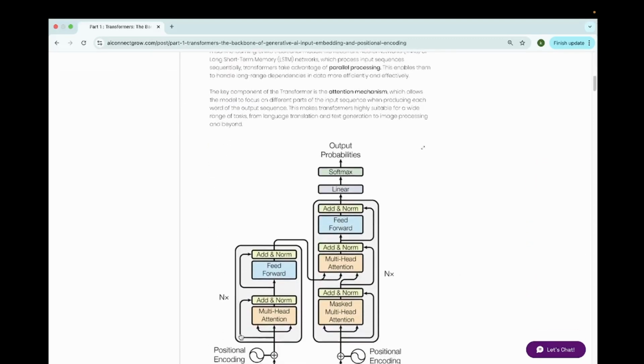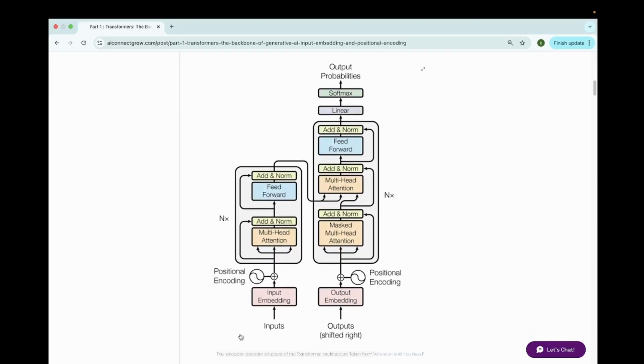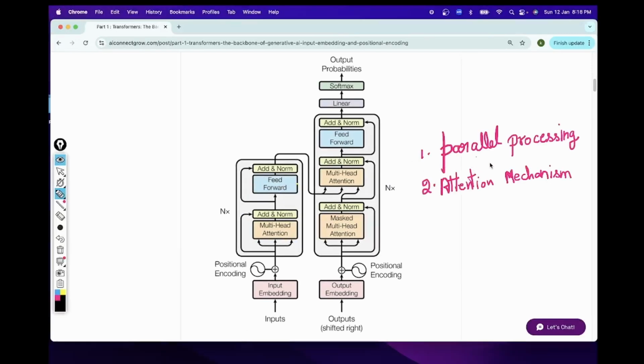Now, as a first step, let's try to understand the structure of transformer architecture. Unlike traditional models like recurrent neural networks, which process input sequences sequentially, the key advantage of transformer is parallel processing. This enables them to handle long range dependencies and solve problems like exploding gradient and vanishing gradient that we were facing in recurrent neural networks.